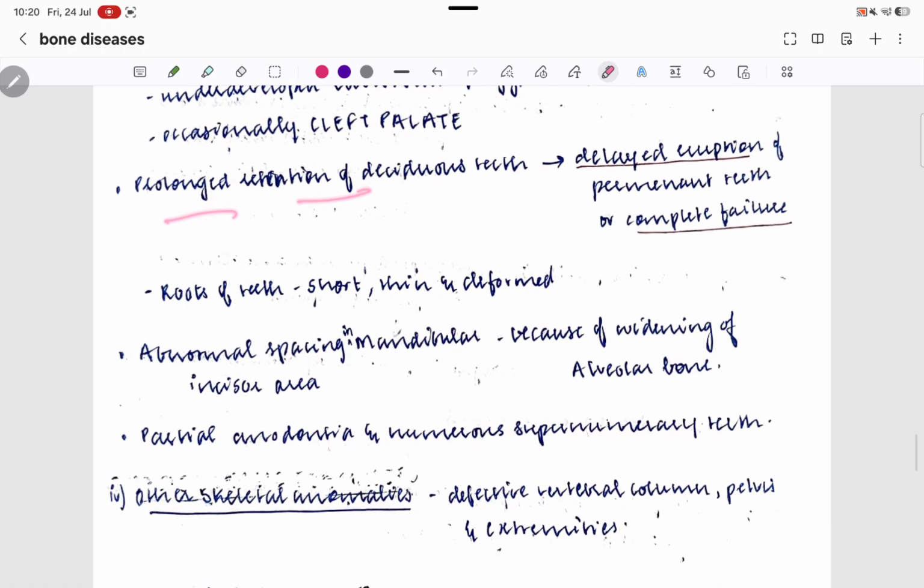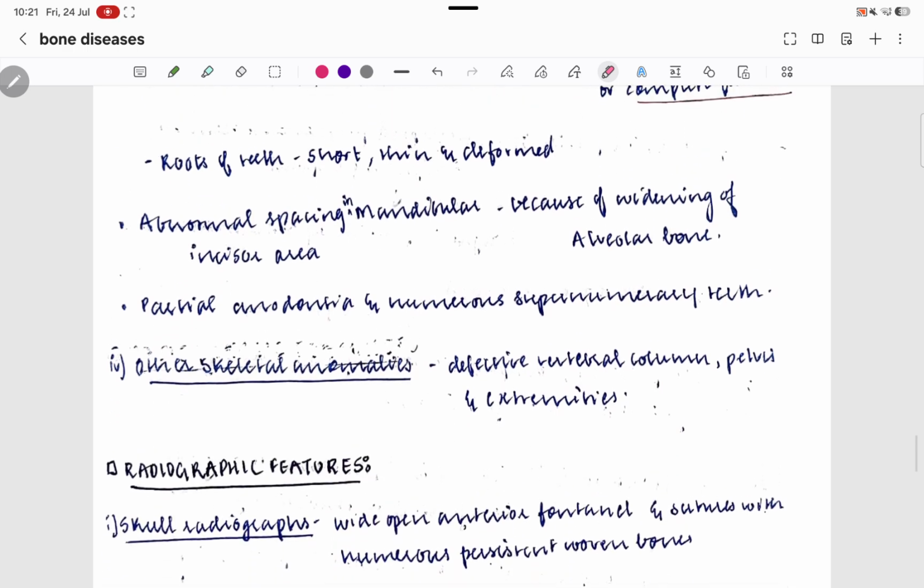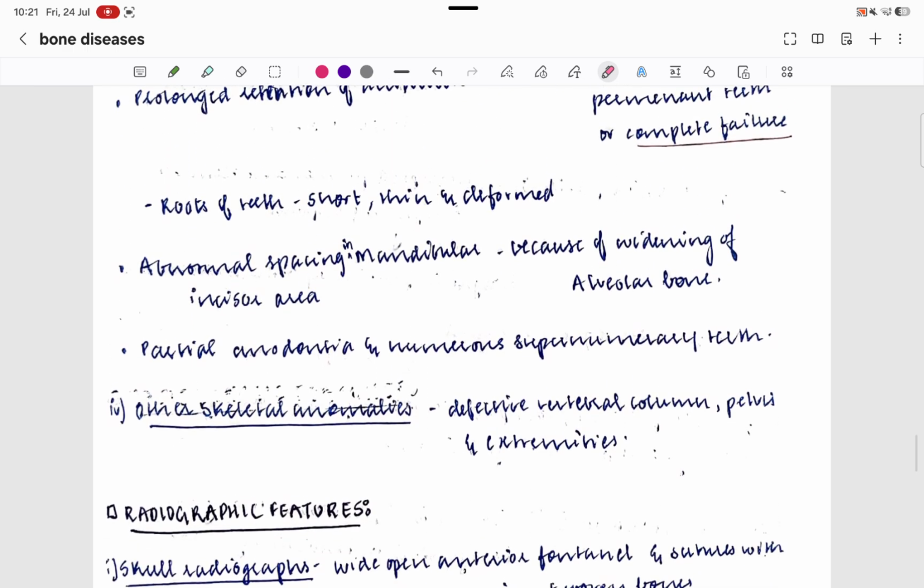Prolonged retention of deciduous teeth and delayed eruption of permanent teeth. Sometimes complete failure of eruption of these teeth could also occur. Roots of the teeth are short, thin, deformed.